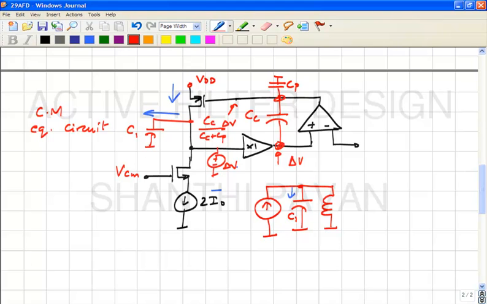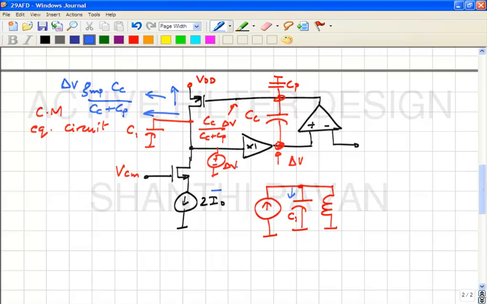Current is drawn in which direction? Incremental current flows up or down? Must flow up. How much is that current? It is, this current must be GMP times delta V times Cc by Cc plus Cp.